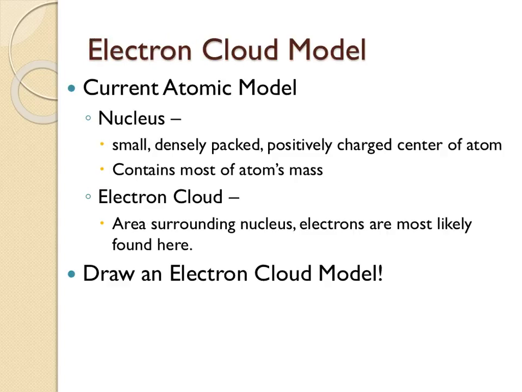We're going to talk about this in class on Wednesday. The electron cloud model is our current model. You have a nucleus that's really, really small compared to the rest of the atom, and it contains basically all of the atom's mass. Around it you have the electron cloud, the area where electrons hang out and buzz around and appear in random places.